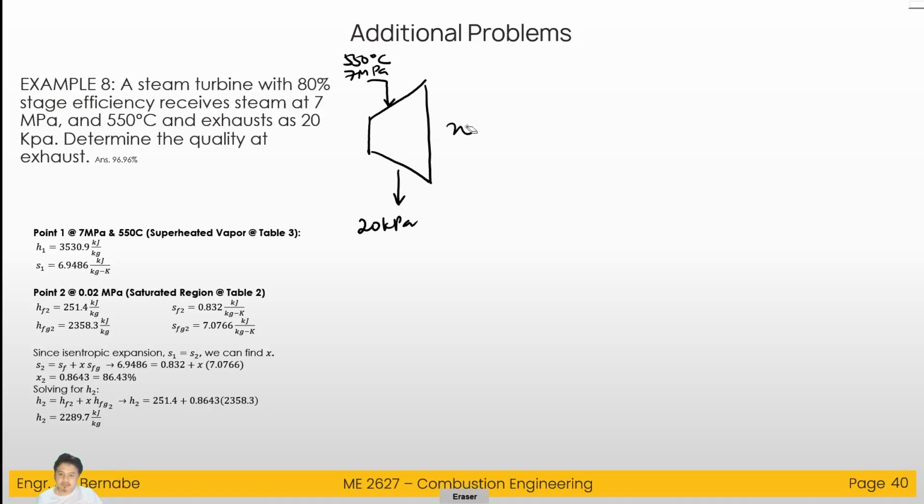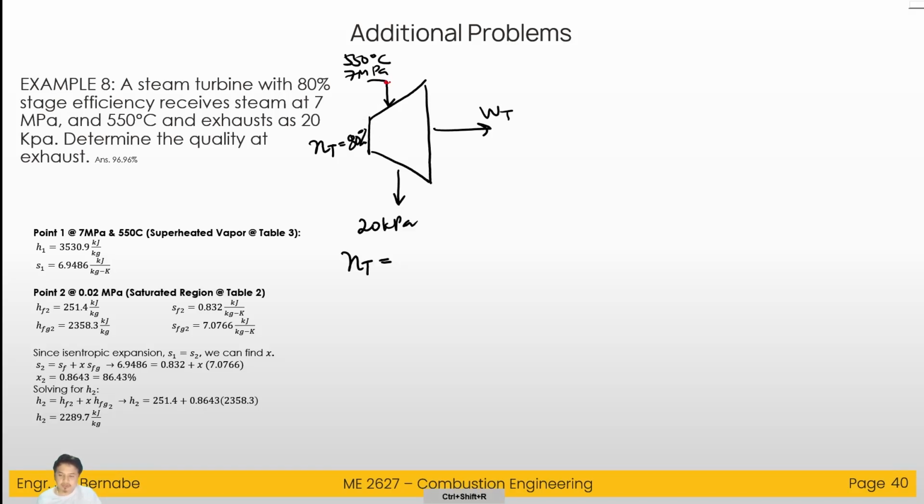The work output is not given, but the stage efficiency, which is also the turbine efficiency, is 80%. So we will use the stage efficiency to find the actual enthalpy of the output.